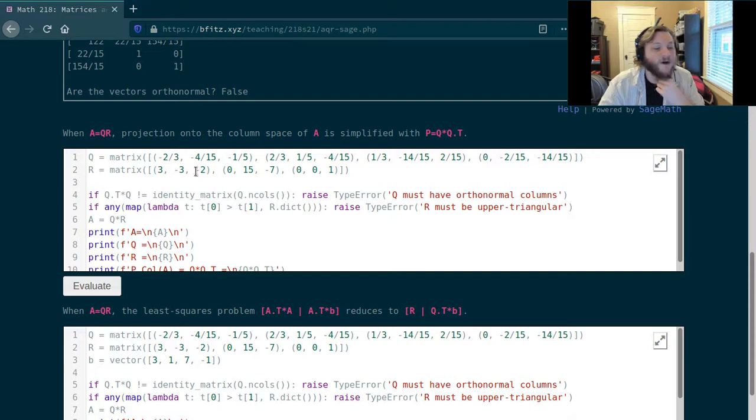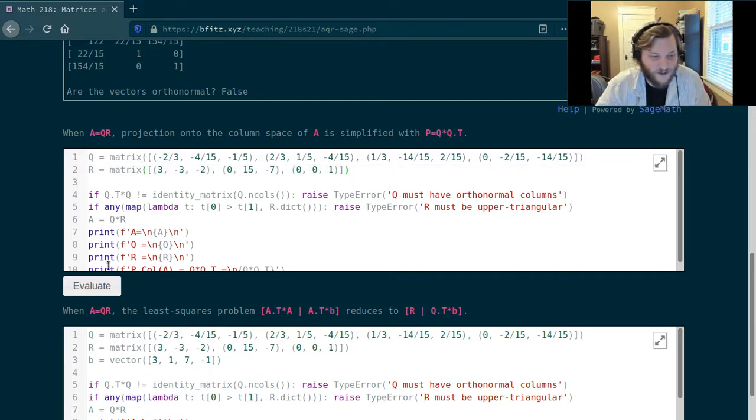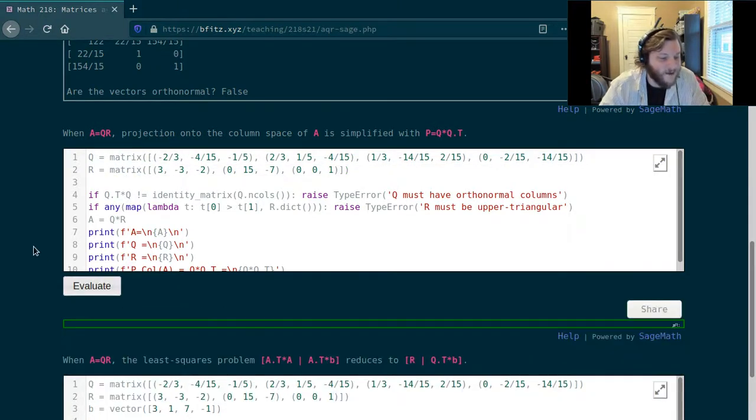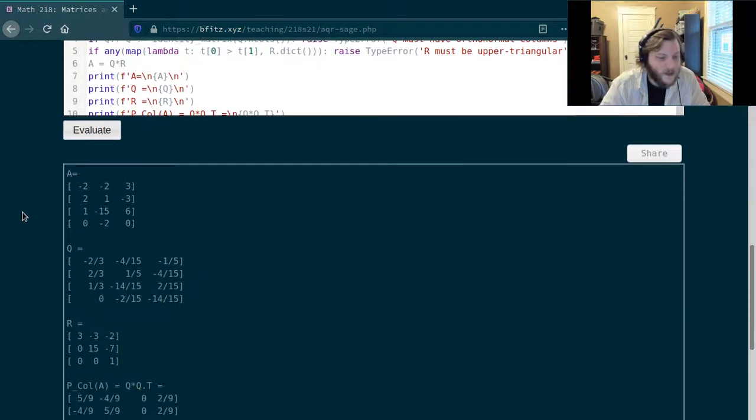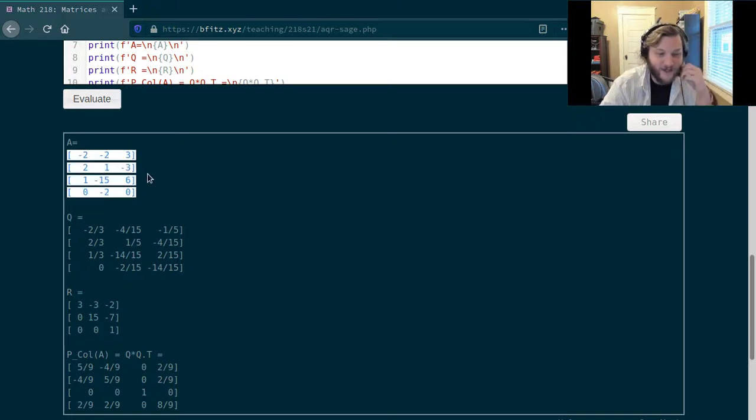So in the code I've pre-written here, if you have a QR factorization, you can input the matrix Q, and then you can input the matrix R, and then this will calculate the projection formula for us using the QR factorization. I've input a matrix Q here, and I've input a matrix R. Let's see how this evaluates. The first thing the code will do is multiply Q times R together to check that we get the A that we are particularly interested in.